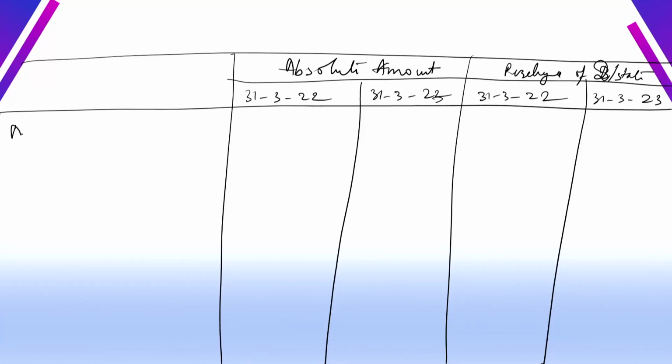Now what we have here is net sales. Net sales we will consider at rupees 4,80,000 as a base amount. We will give it a value of 100%.